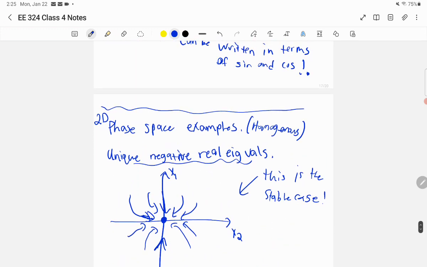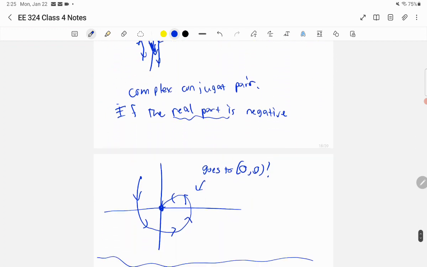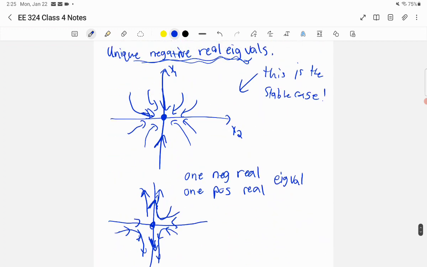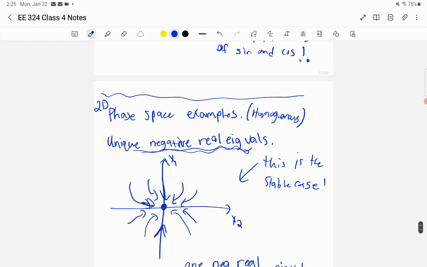Up here, the eigenvalues were real, so the real parts are of course negative. So in these two scenarios, the fixed point there, the 0, 0 fixed point, which again could be translated around, it could be 1, 2 or whatever, but will be stable.